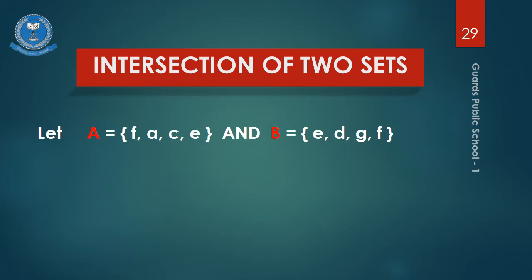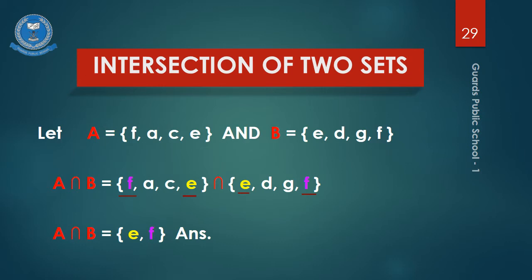For A intersection B, list members of set A, then intersection, then members of set B, and the common members which are present in set A and set B are only E and F. Therefore, the intersection is E, F, and this is the answer.